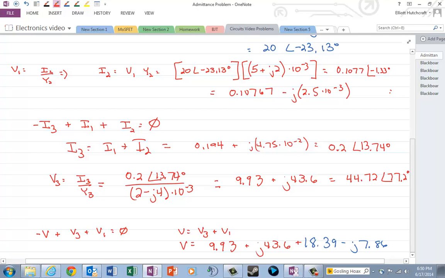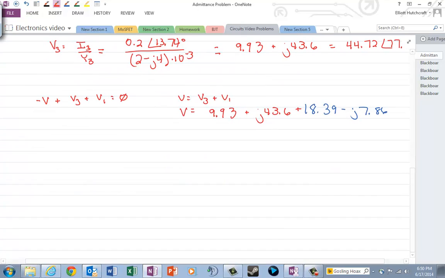So I add those two together, and V is equal to 28.32 plus j 35.75.